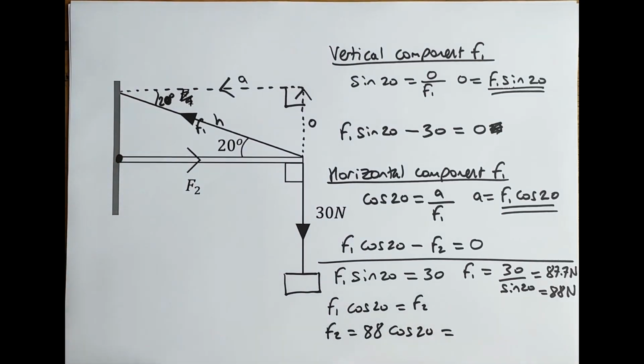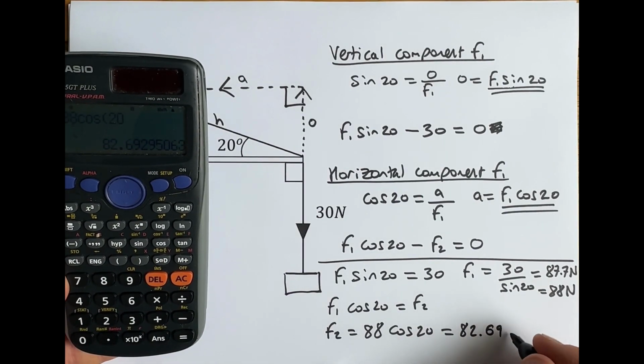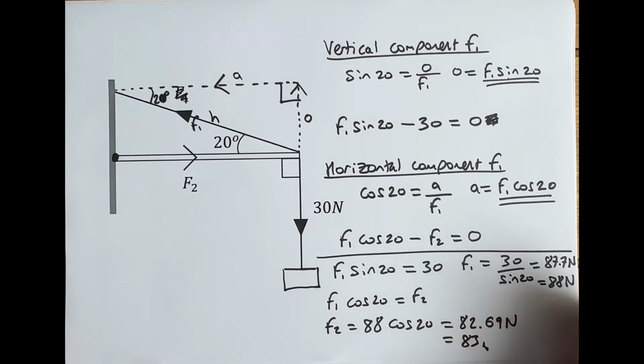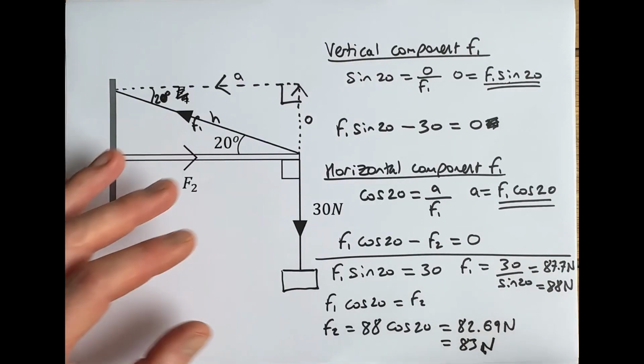Let me just check that for a second. So 88 cos 20. So it comes out as 82.69 newtons, which will round up to 83 newtons. Okay.